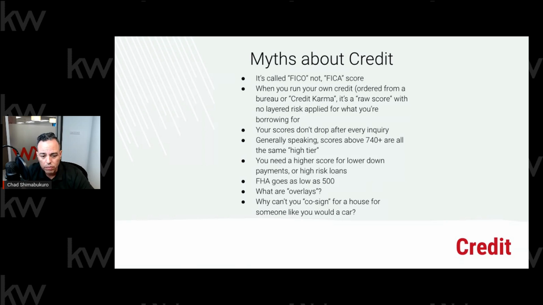FHA, as well as VA really, but FHA is the most forgiving when it comes to FICO score. It doesn't mean, though, and this is how we got into this issue in 2009 with the mortgage meltdown, it doesn't mean every single person should qualify for a mortgage.